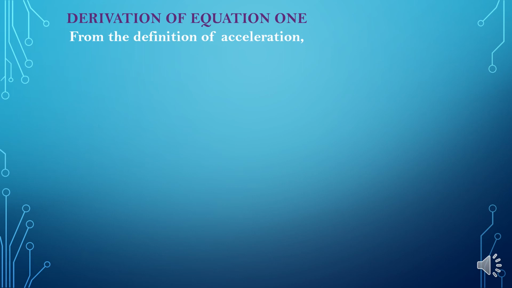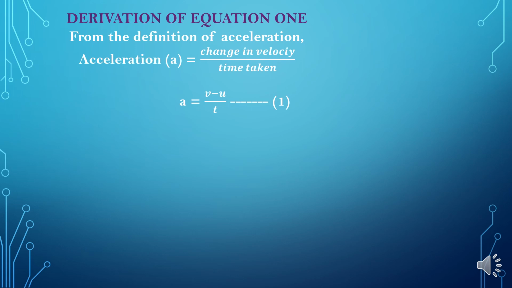From the definition of acceleration, we know that acceleration equals the ratio of change in velocity to time taken. In variables, you have a equals v minus u over t, where v is the final velocity, u is the initial velocity, and t is the time taken.